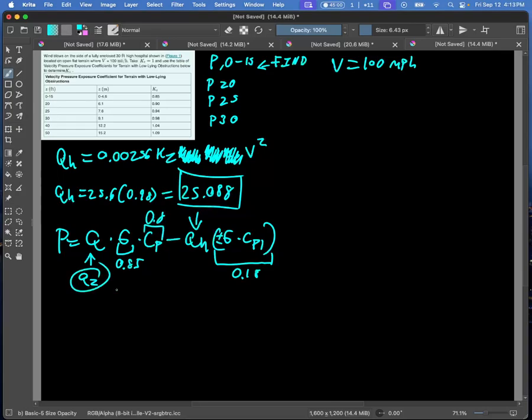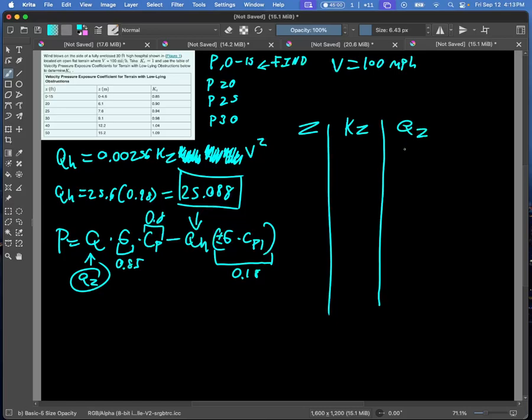So this is now the thing that will be changing, is the QZ. So if I was to make a chart here, or a table, I guess, this would be Z. This would be KZ. QZ.